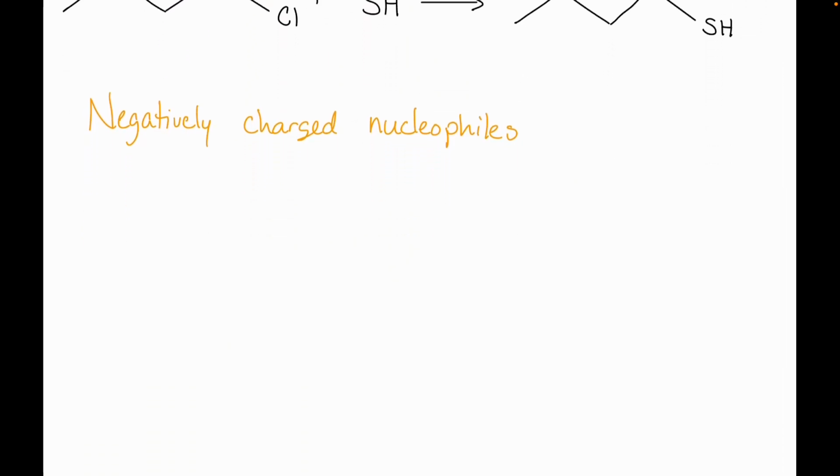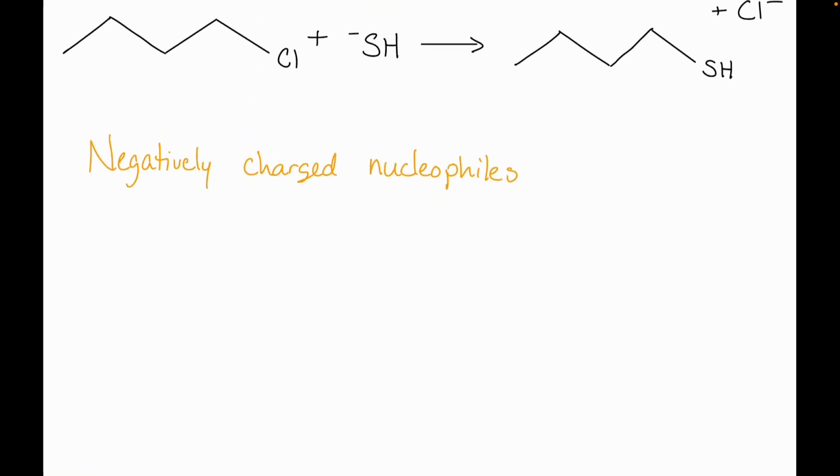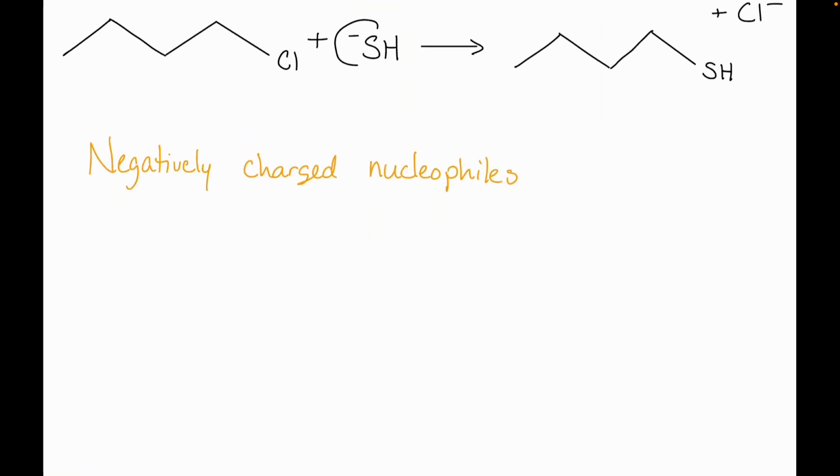Okay, and we're going to see a bunch of different ones. Okay, and importantly, that atom with that negative charge, right, it's the sulfur that has that negative charge. Notice that it is the sulfur that is then bound to that carbon.